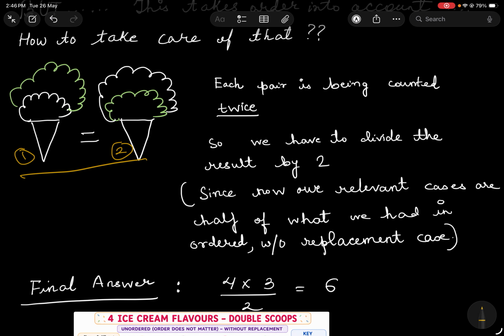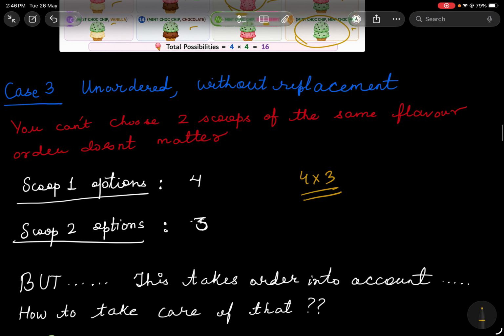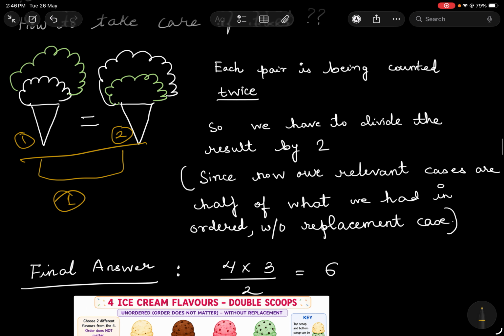All right, but for me this is just one case in this particular example. I don't want it to be two separate options. So what we had earlier, we just have to divide the result by 2, because each pair is being counted twice. You can see here, right? Any two possibilities you take, it is being counted twice in my example above.